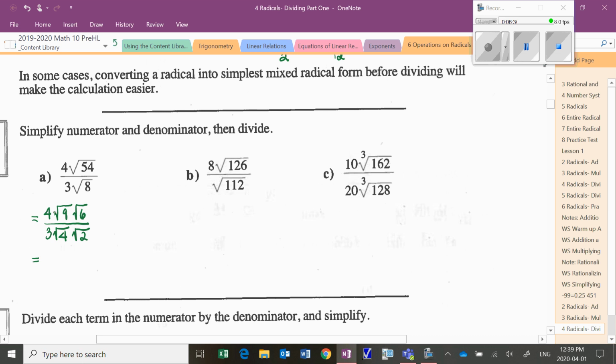And then we're looking at 4 times, and root 9 is the same as 3, and I'm just going to leave that root 6 divided by root 2 is the same as root 3, so that's me dealing with this portion right here, and then 3 root 4 is the same as 3 times 2. So really we're just looking at 12 root 3 over 6, and 12 over 6 is of course 2, so it is 2 root 3. So that's one way to get there.